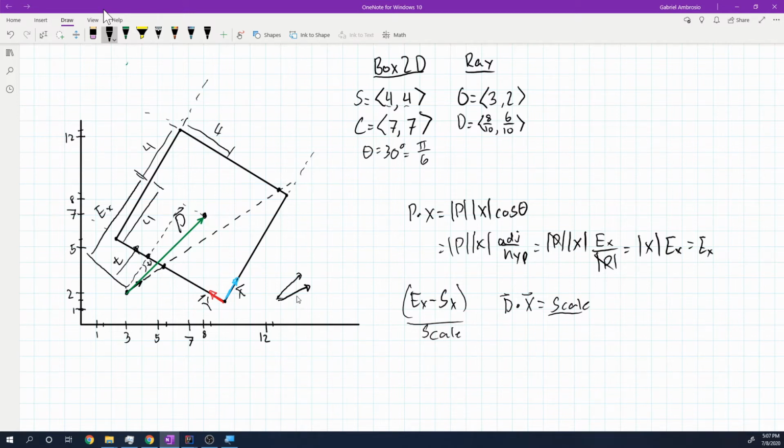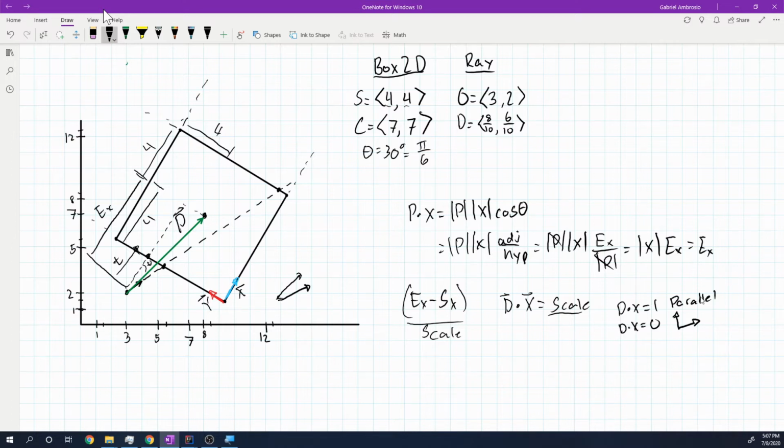If the vectors were parallel, we would get D dot X for two parallel vectors. Remember, that's 1. So D dot X equals 1 if they're pointing the same way. And what about if they're at a 90-degree angle? D dot X equals 0, if we had two perpendicular vectors. And that makes sense too, right?